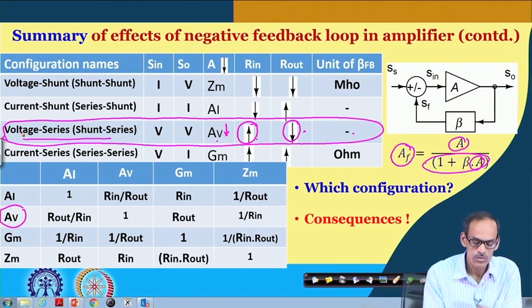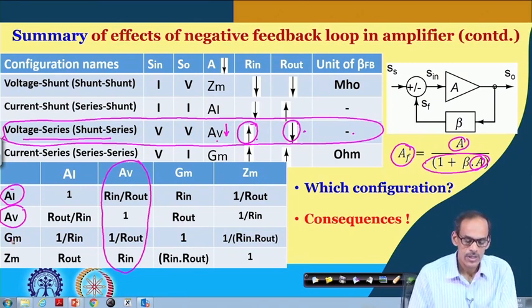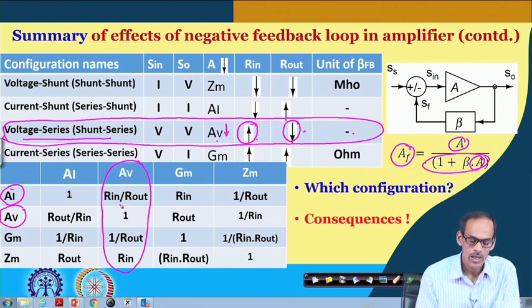Now, we would like to know what will be its effect on the current gain. To look at the effect on the current gain, we will see this column, which represents the expression of all the parameters in terms of AV, input resistance and output resistance.